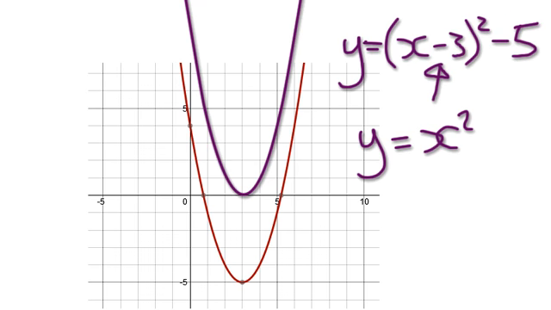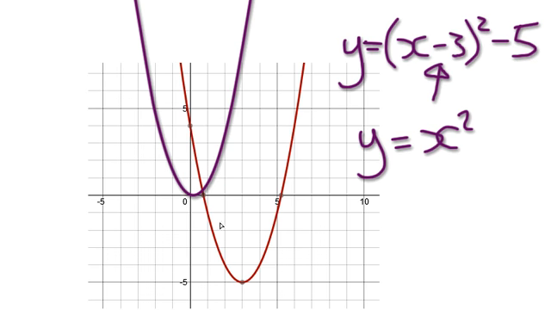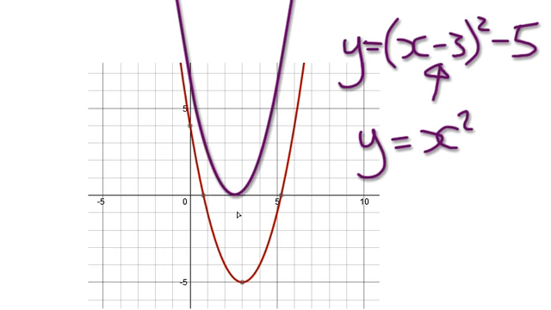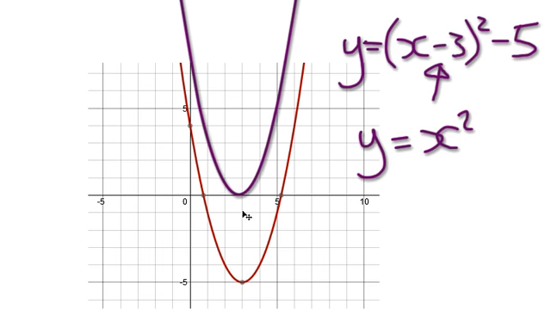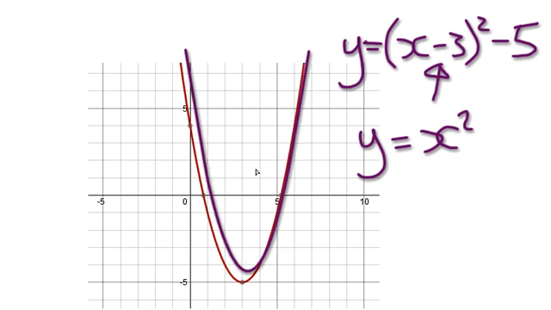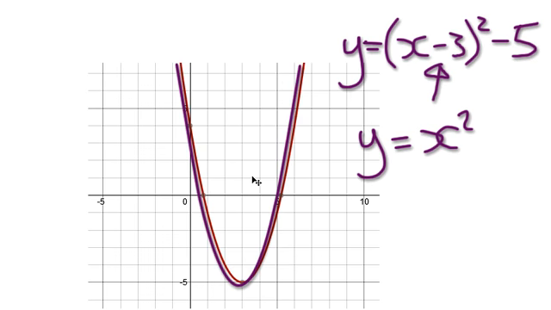So you start off with this, translate it by 3 here, that's this bit here, and then move it down by 5. So your graph will look like this.